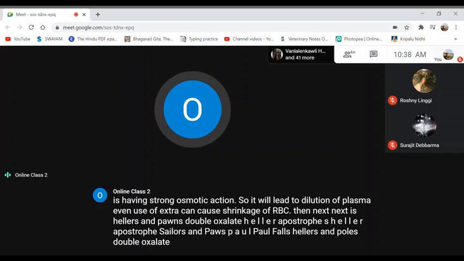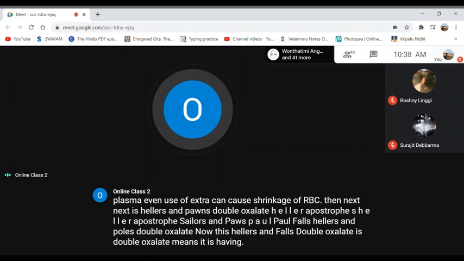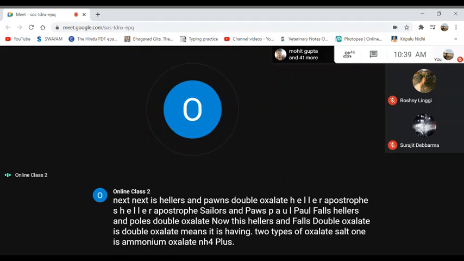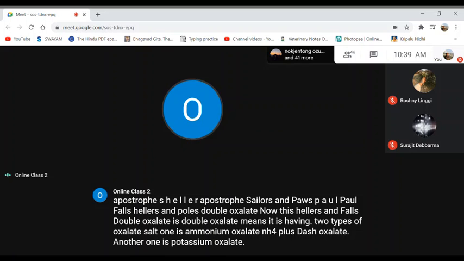Now this Heller's and Paul's double oxalate means it has 2 types of oxalate salt. One is ammonium oxalate, NH4+ oxalate. Another one is potassium oxalate, the ammonium salt of oxalate and the potassium salt of oxalate.